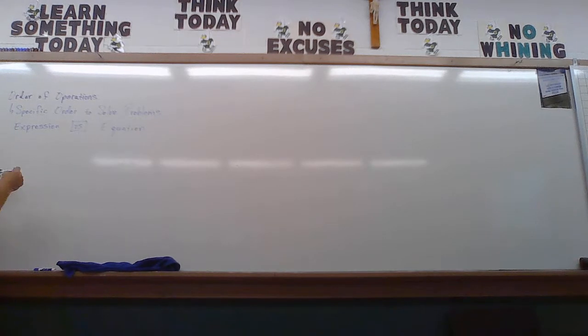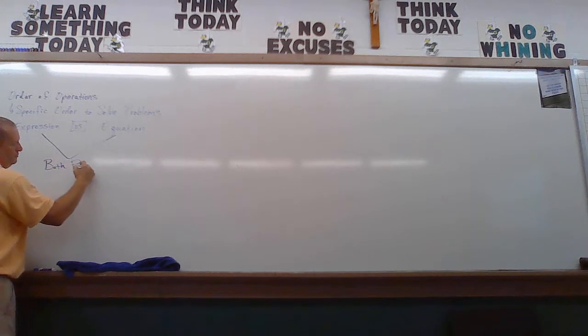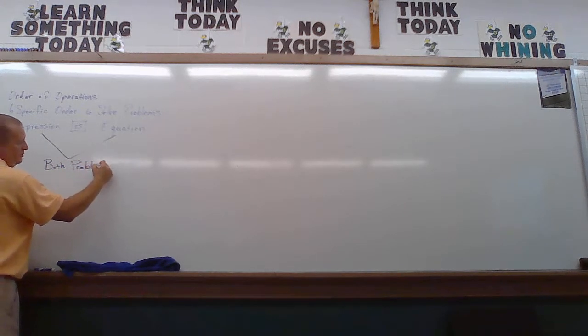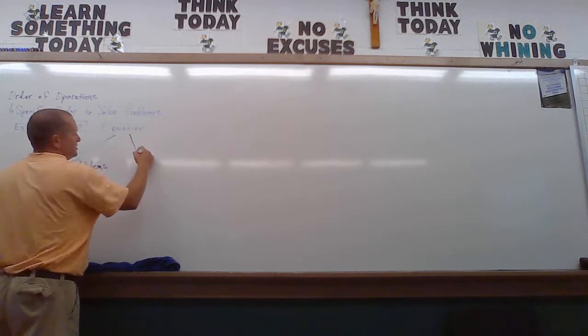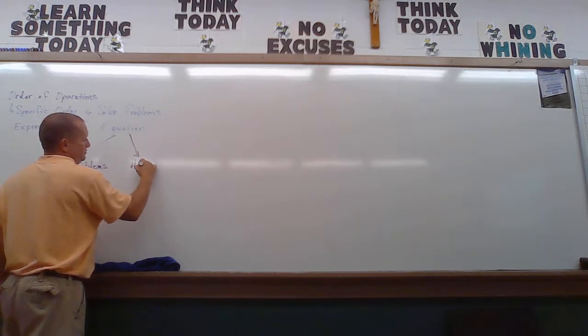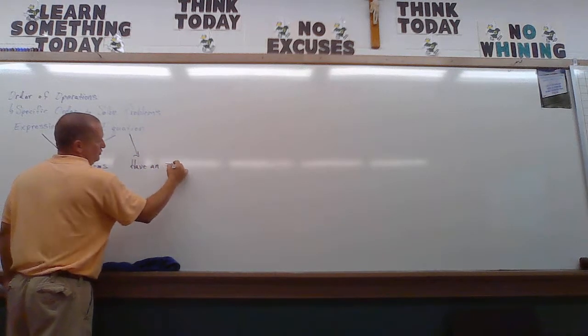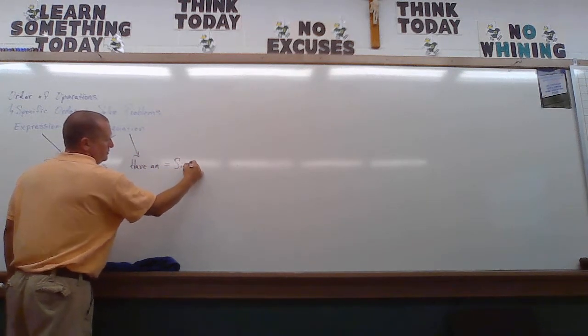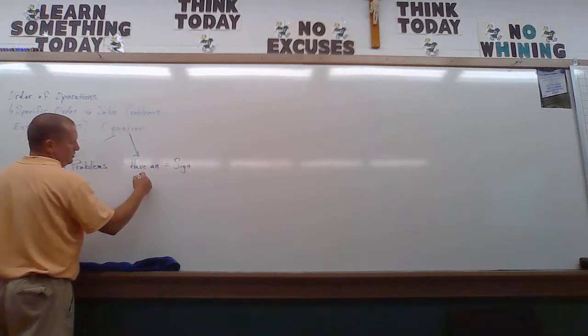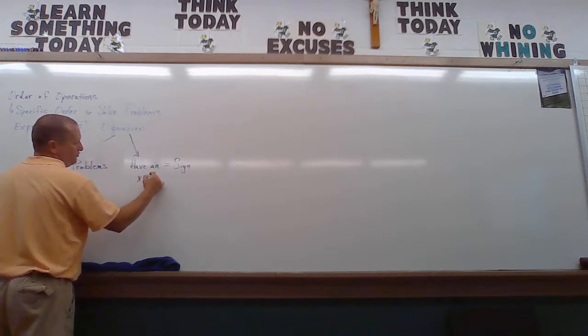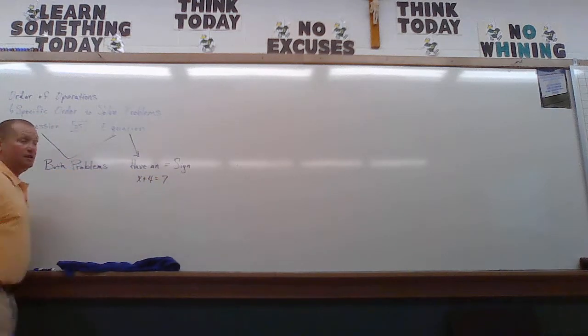So these are both problems that I can actually solve or get an answer to. Equations have an equal sign in them. So this one right here, x plus 4 equals 7, that's an equation because it has an equal sign.